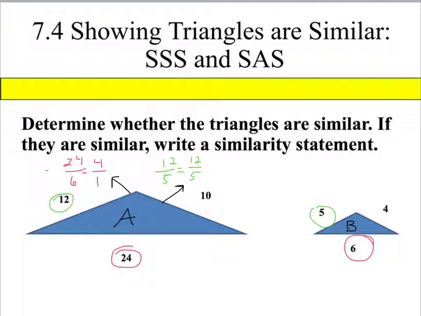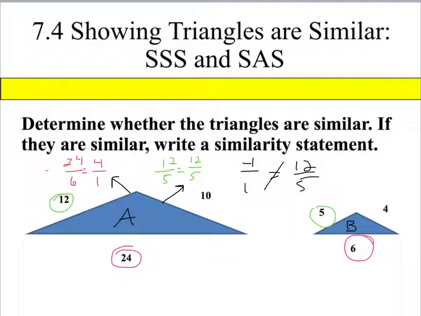I am really hoping you are thinking no. If you're thinking no, just say no out loud. Say it right now. It's okay. Okay, I'm glad you said it. So 4 over 1 is not equal to 12 over 5.